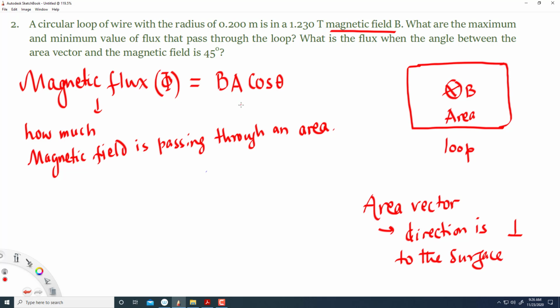So the magnetic flux depends not only on B and A, it also depends on the angle theta. How? Let's consider that the magnetic field is going to the right.